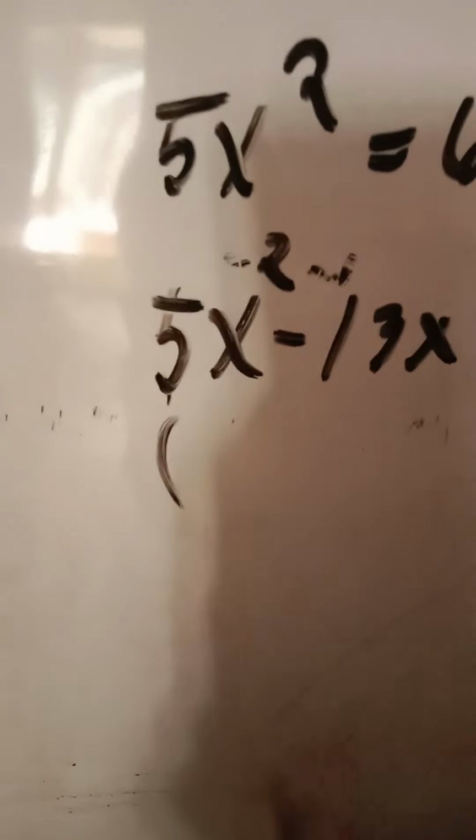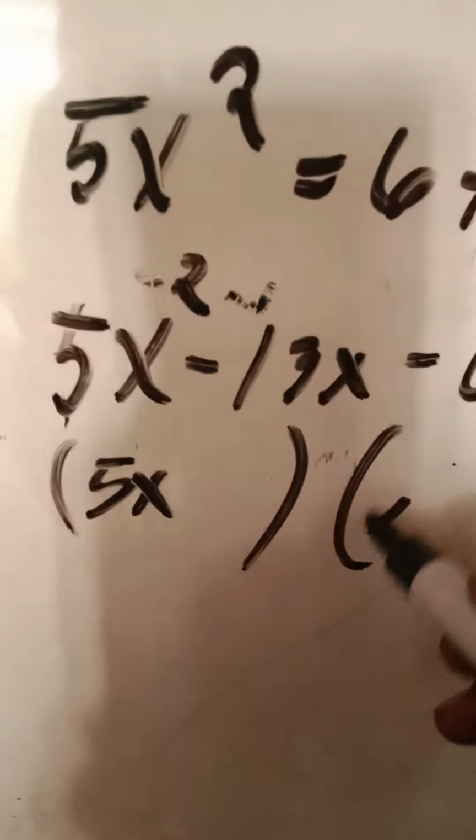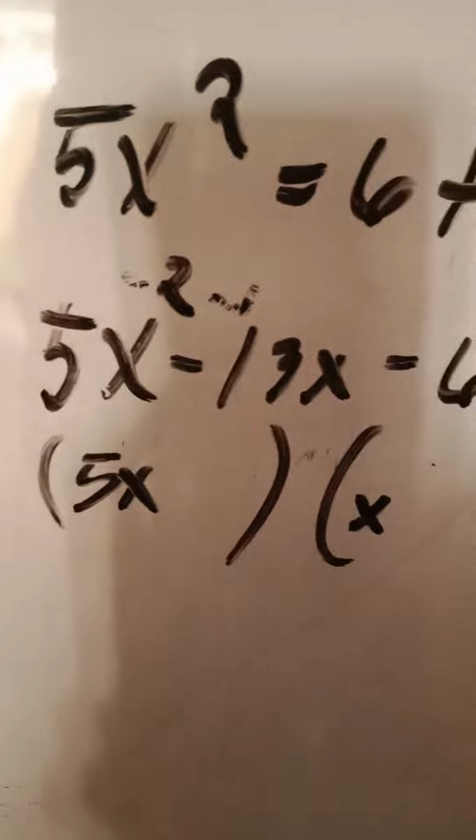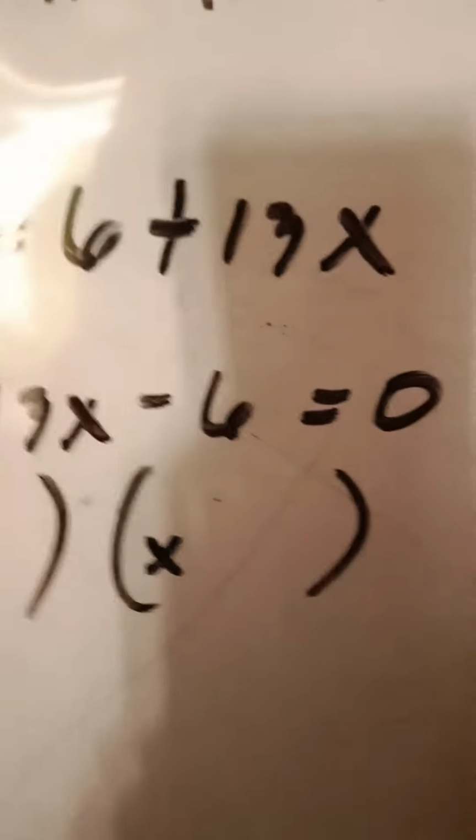So you have to factor. We have a common x, and 5x and x, because you have a numerical coefficient of 5. Then you have to look at the factors of 6. The factors of 6 are 2 times 3 and 1 times 6.